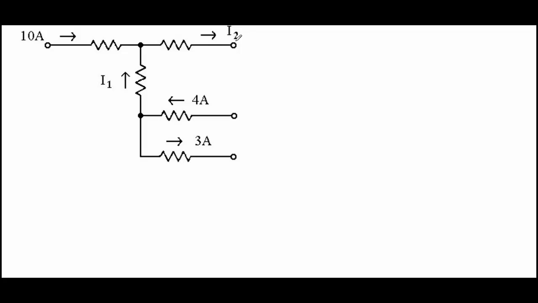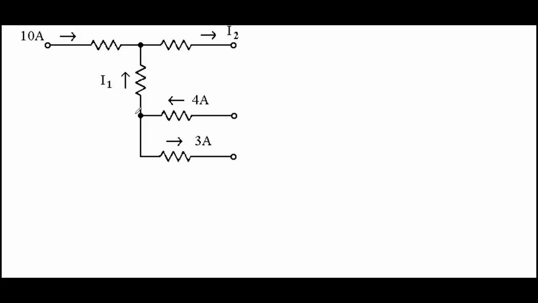Now this current I2 comes out from this node, and we have two currents entering the node. That means that I2 equals the algebraic sum of the currents entering. Since we know that this current is 10 amperes entering, we have to know the value of I1, add it to the 10, and we get the value of I2.